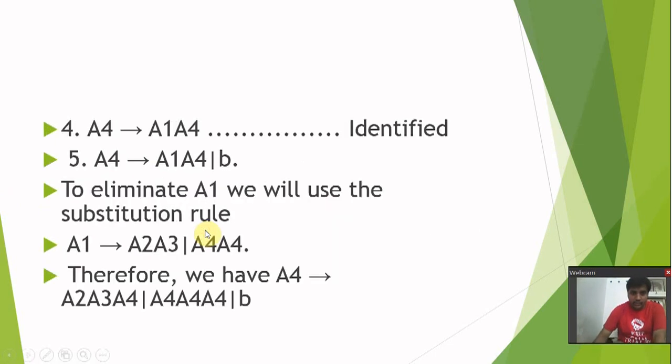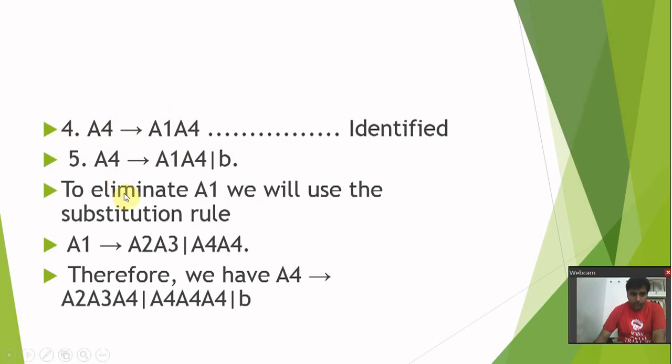In our question, this A4 gives A1 A4 has been identified as the line that gives that problem, because 1, as you can see, is less than 4.